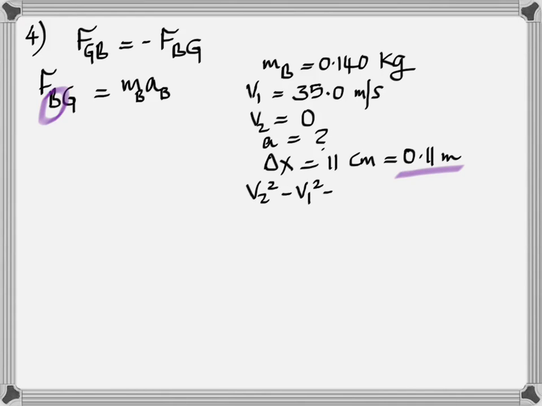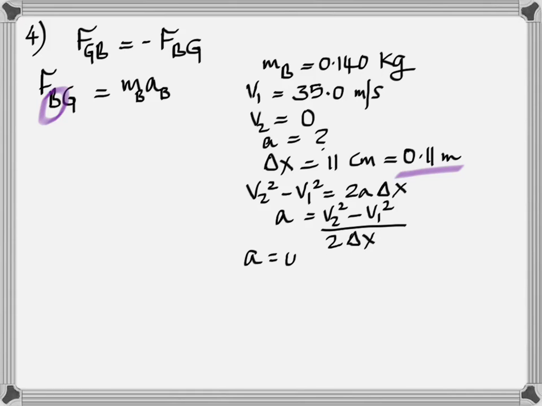Use this equation. Make acceleration the subject. Get negative 5568 meter per second squared.